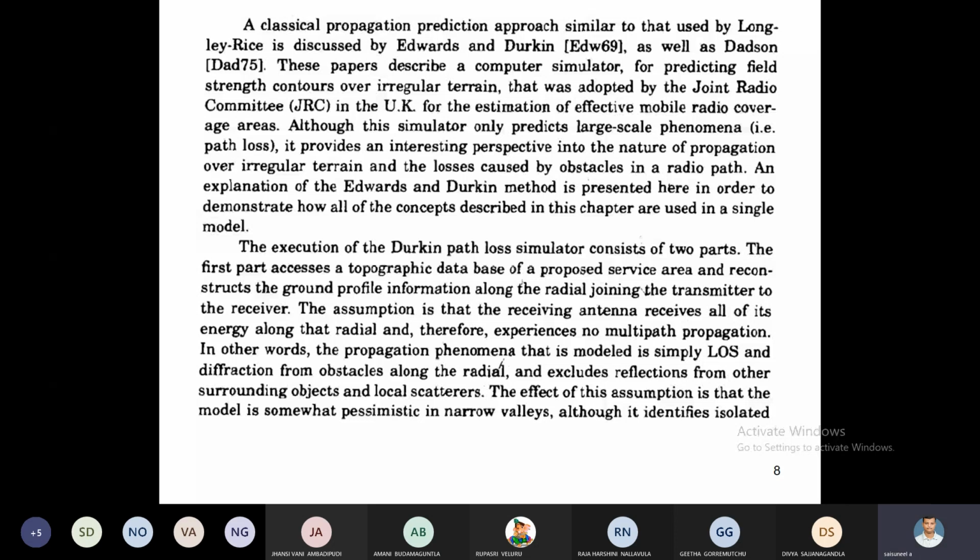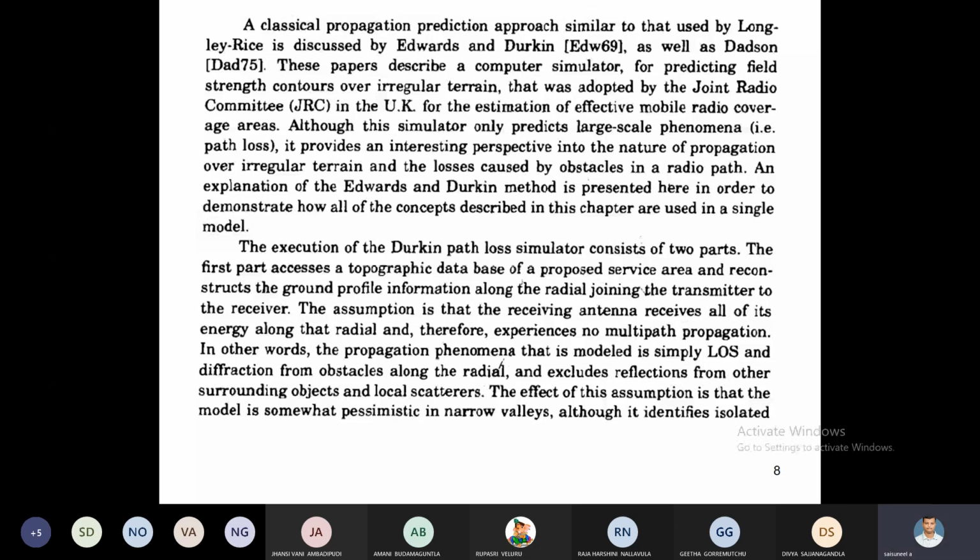Here we did not consider multipath propagation. We directly consider a direct path from transmitter to receiver. In the second part, once this is completed, the second part of Durkin's simulator algorithm calculates the expected path loss along the path.